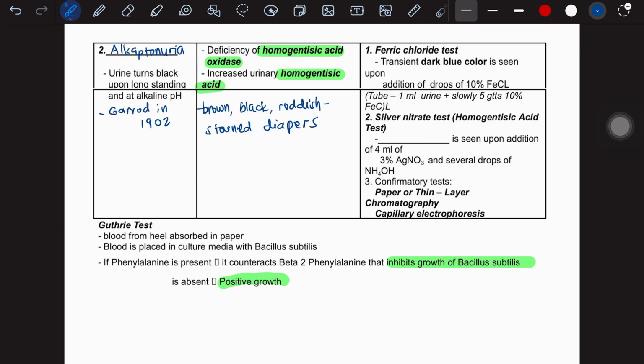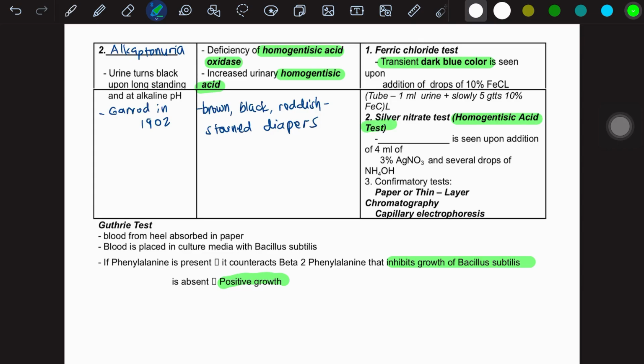So, for your methods of testing, naa pod tay ferric chloride test. Ang iyahang positive result is transient dark blue color upon the addition of drops of our 10% ferric chloride. So, another test for our alkaptonuria is the silver nitrate test or your homogentisic acid test.